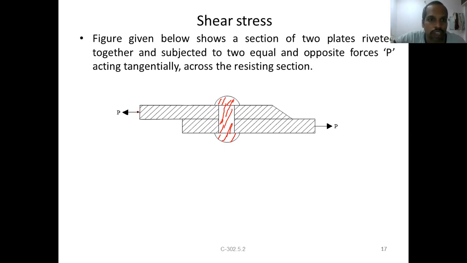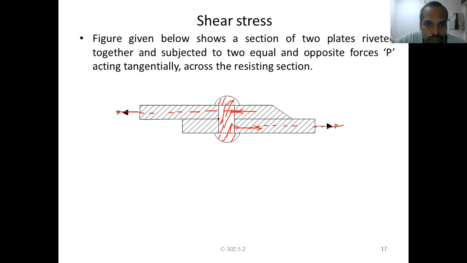So here it is force, here it is force, but there is some distance between these two forces. This is the line of action of this force, whereas the line of action of the other force is this one. Okay, because of this difference, one is here, another one is here, right? So here it is acting like this, here it is acting like this.